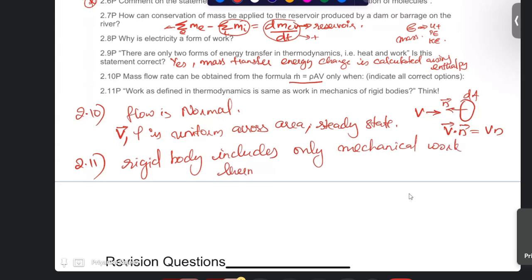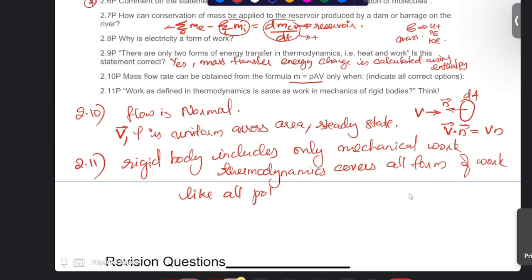Thermodynamics covers all forms of work, like all potential fields: electric, magnetic, gravitational, etc.